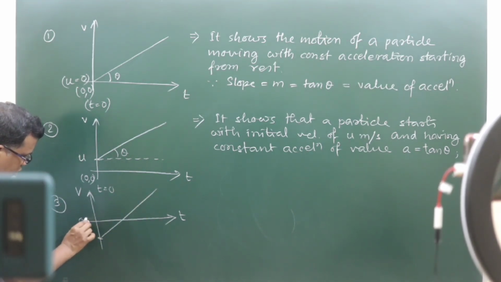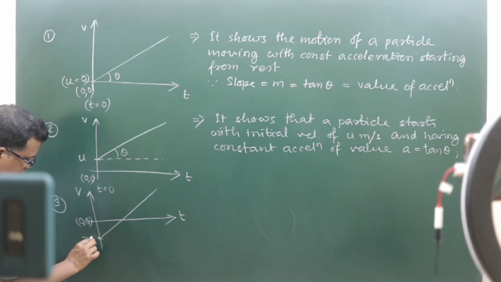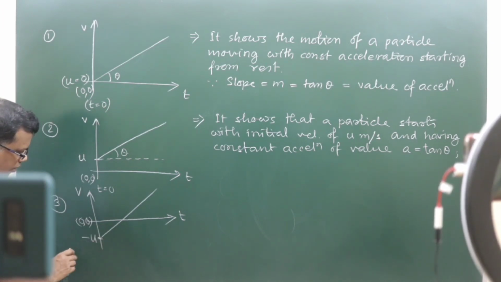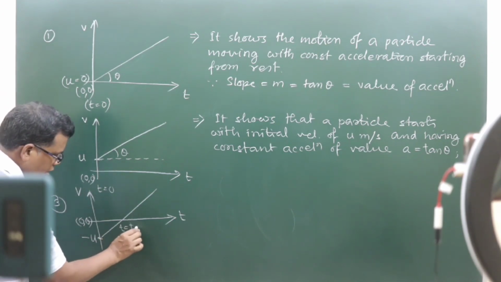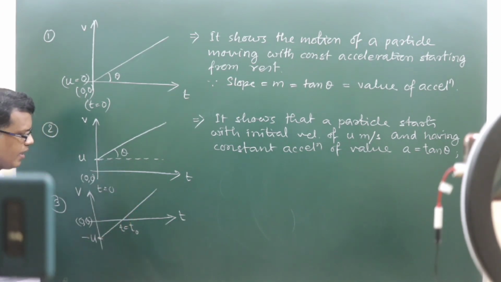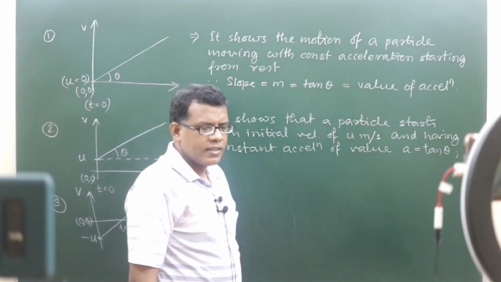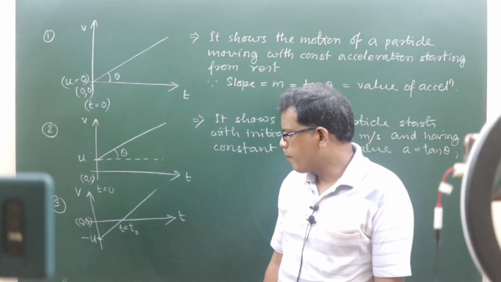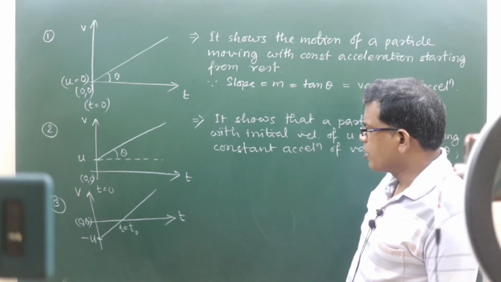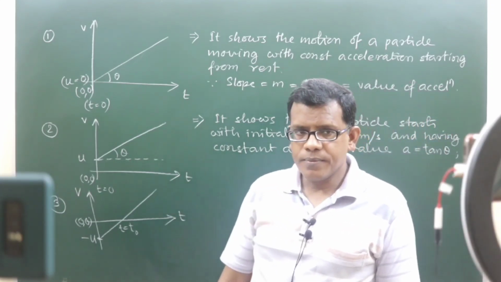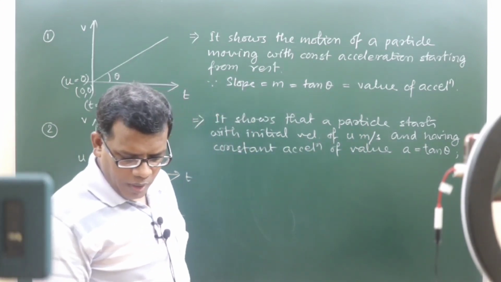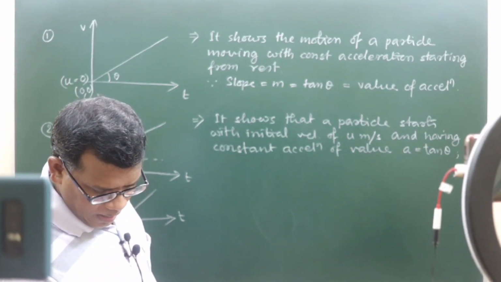This is the origin 0 0, but the particle is starting with some negative value of velocity. Let t equal to t naught be the time where it intersects the time axis. What does it mean? What would you like to say about this graph?